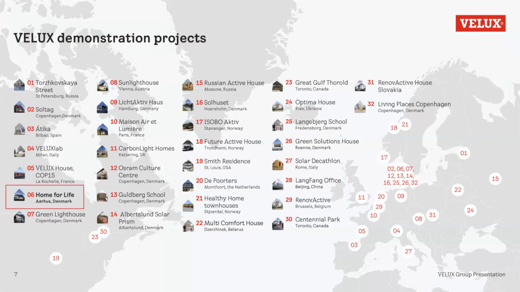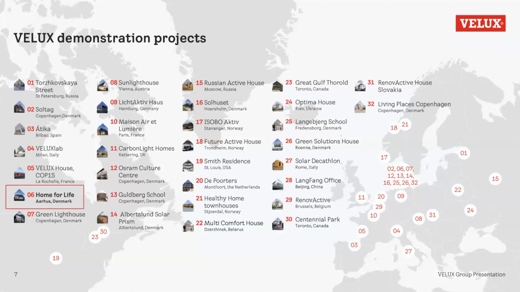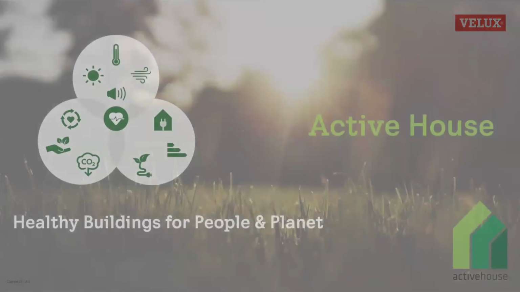And as you can see here, we have a long history of demonstration buildings. We started 15 plus years ago with making demonstration buildings and experimenting around holistic design and testing also how our solutions perform in buildings. And here you can see also highlighted the Home for Life house, which is the one we are talking about in this project.